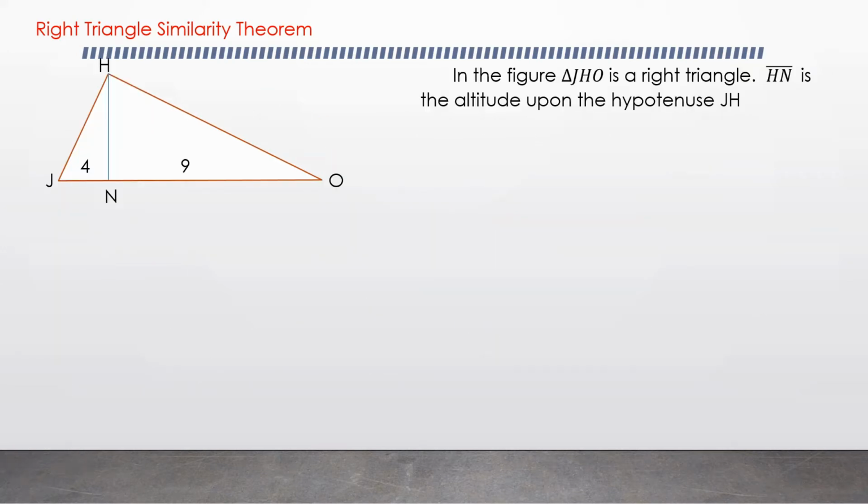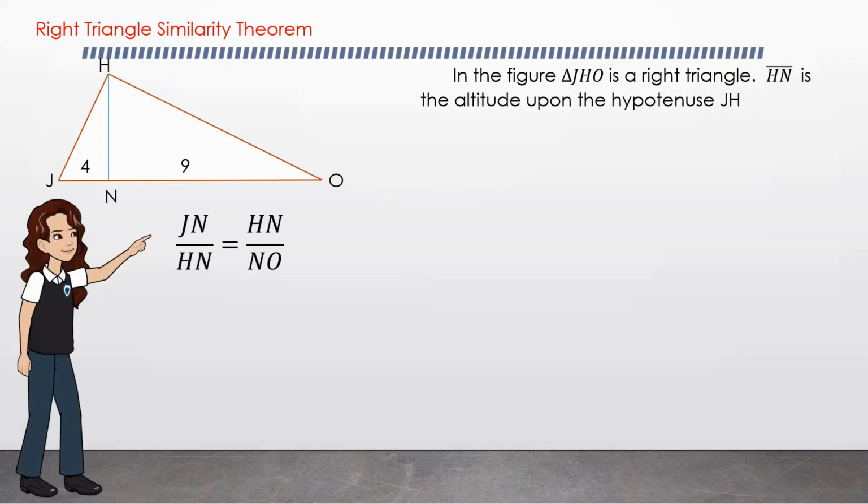Next, here we need to find the missing part of the triangle. Same given. Again, we have JN over HN is equal to HN over NO. So we need to substitute the value.